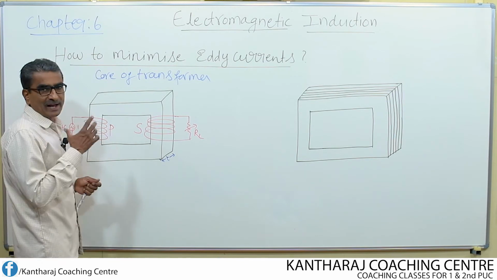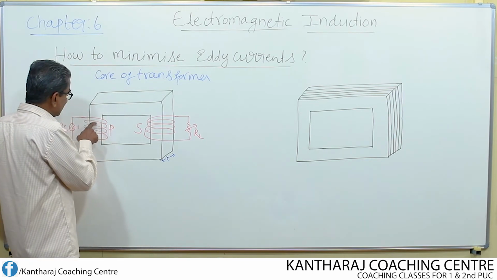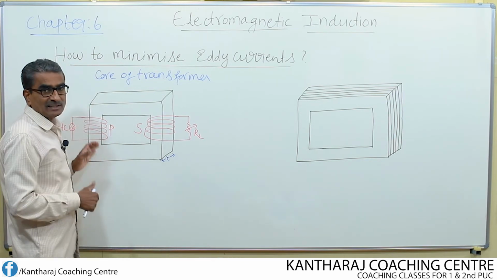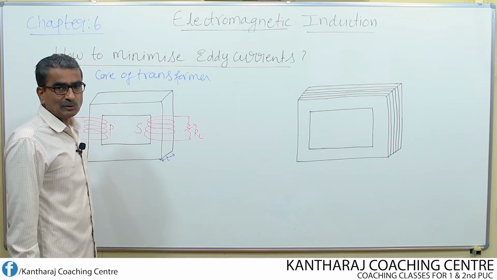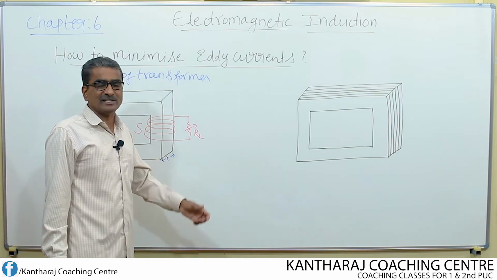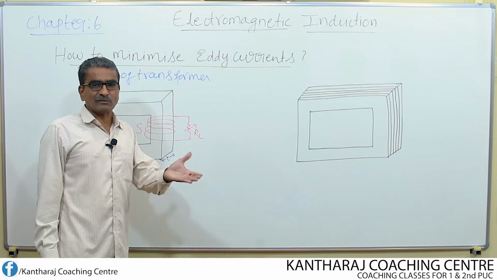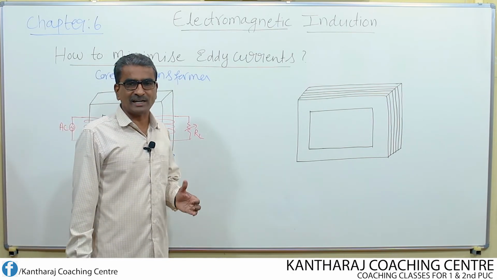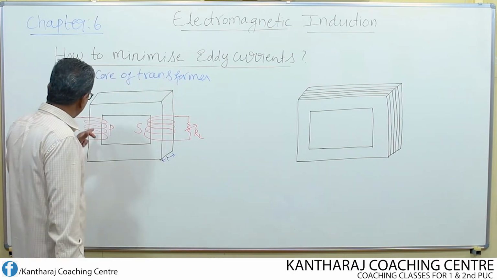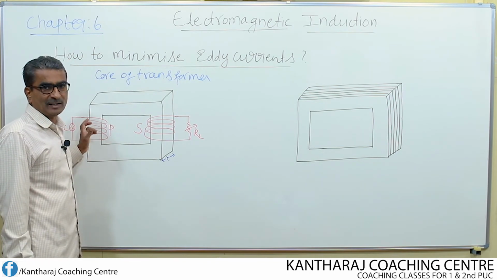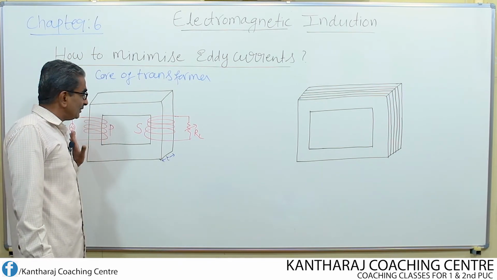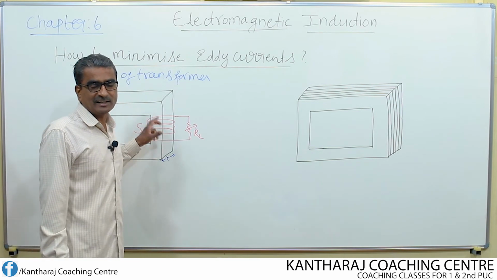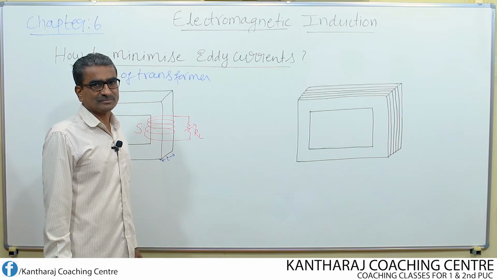Because of the changing magnetic flux that is produced in the primary, because the current is alternating current. We know that the magnitude of the alternating current changes in every cycle. Because of the change in magnitude of the alternating current, the magnetic field or the magnetic flux produced in the primary coil also changes, and that induces an EMF in the secondary coil. So this is nothing but mutual induction.